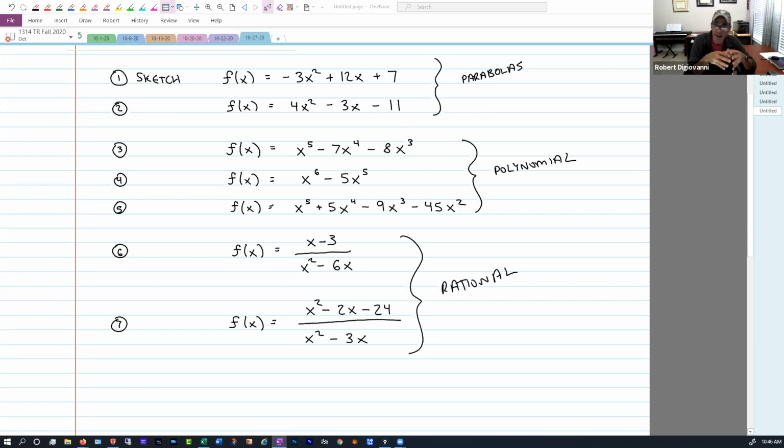The thing you cannot have on that sheet is worked out problems. So you can't just take the problems I just gave you, do them all on a piece of paper, and say that's your formula sheet. You can write down steps, procedures. You can write yourself little notes like, remember that the leading coefficient only tells you what happens at the ends. Write whatever you want. Just don't work any problems out.